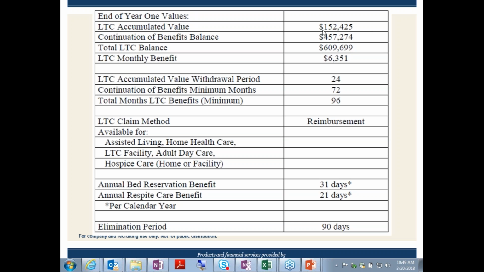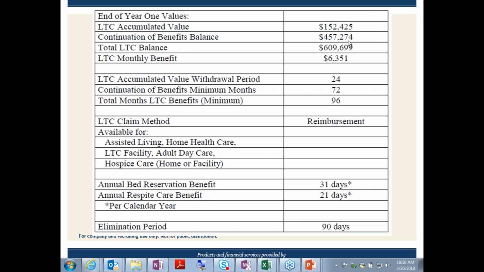Now, if he uses it for long-term care, he'll use the 152 in full till it's gone. He chose a 72-month rider, which means he gets a total of 4 times the base, right? 4 times 152. Total LTC is almost $610 grand. The 457 is what he gets in the rider. So look at this.